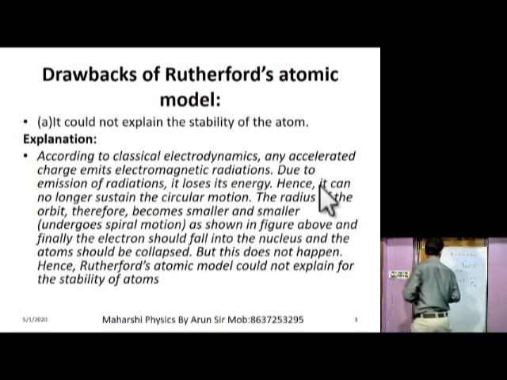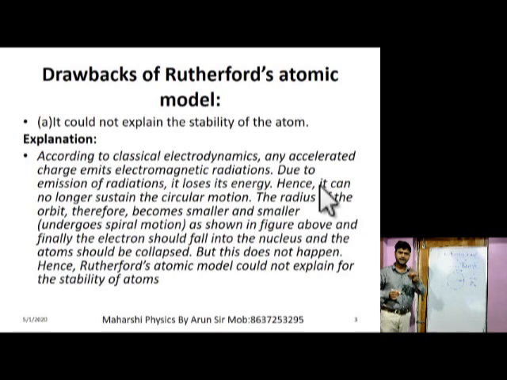See here, we all know that electron is a charged particle. It is negatively charged, and this negatively charged electron revolves around the nucleus in a circular path. Suppose at this point the velocity is v1 and at this point the velocity is v2.